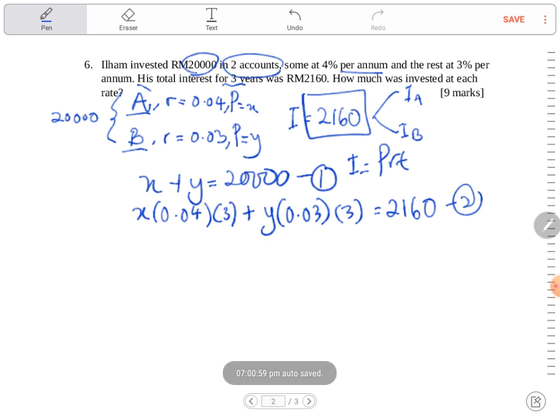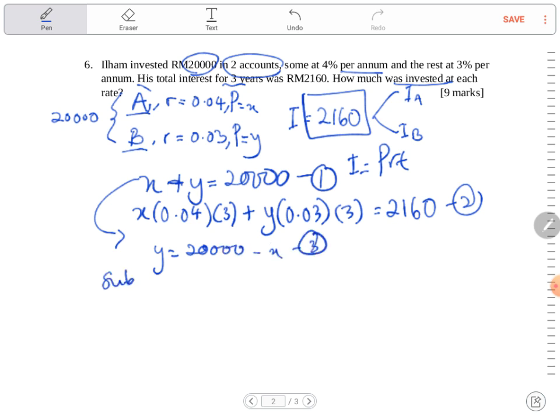Okay, so we don't know what they are, but we need to find out by letting the unknowns be X and Y, or A and B, anything lah. Sometimes we just have to let this be X, so B will be 20,000 minus X, because it will be the remaining investment. Because we know the X, the other one will be 20,000 minus X. The same as this one lah. So this equation 1 can be written as Y equal to 20,000 minus X. So, equation 3.